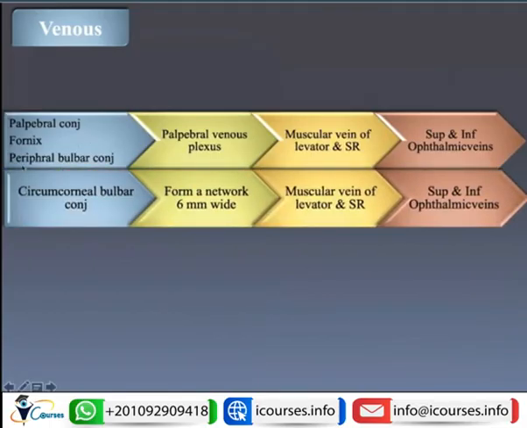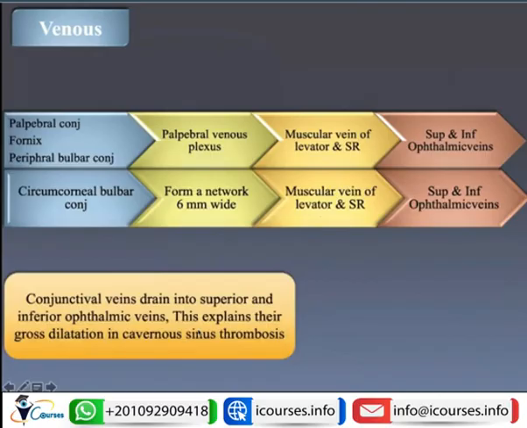The palpebral conjunctiva, the fornix, and the peripheral bulbar conjunctiva drain into the palpebral venous plexus, which drains into the muscular veins of the levator and superior rectus, and eventually into the superior and inferior ophthalmic veins. The area of the conjunctiva around the cornea forms a network about 6 millimeters wide that drains again into the muscular veins of the levator and superior rectus, and eventually into the superior and inferior ophthalmic veins.